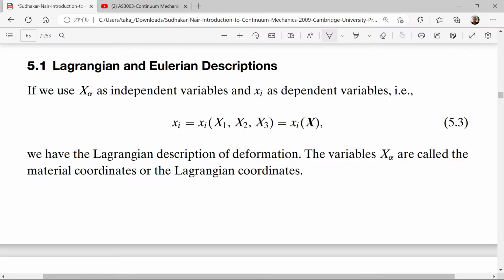The variables large X alpha are called the material coordinates or the Lagrangian coordinates.